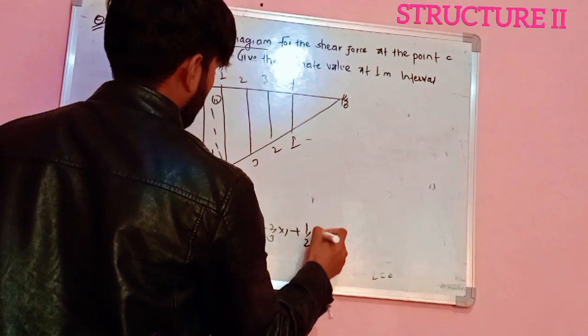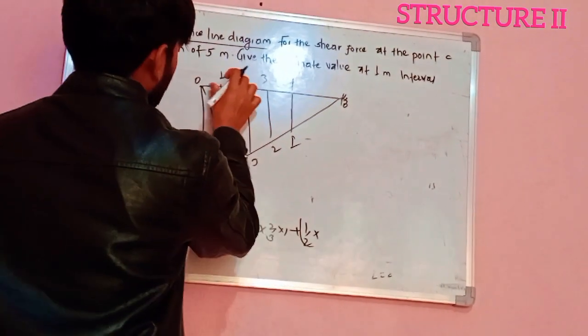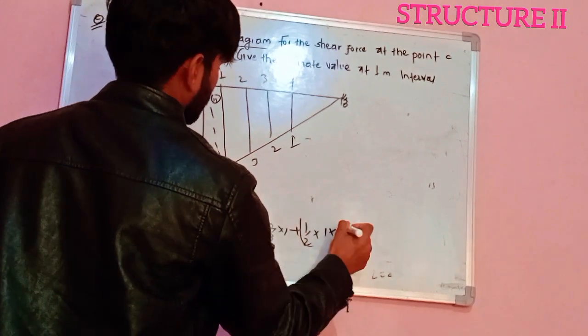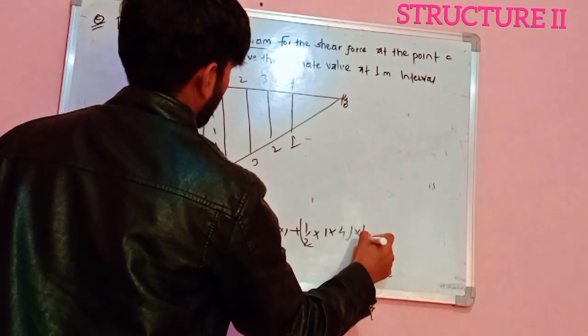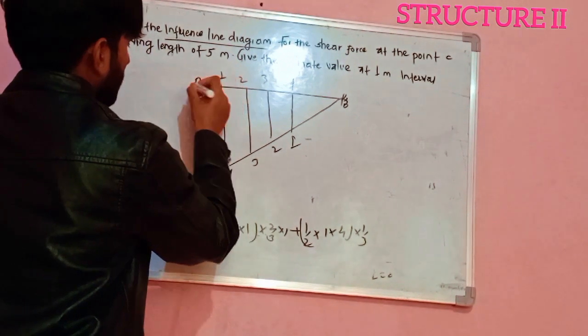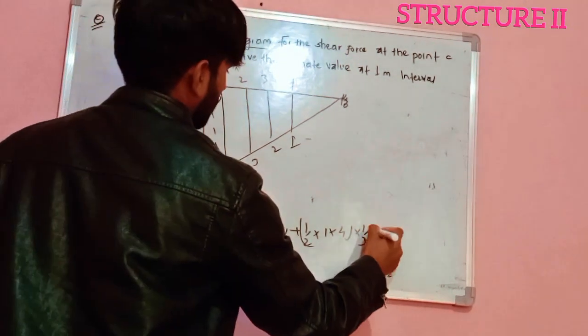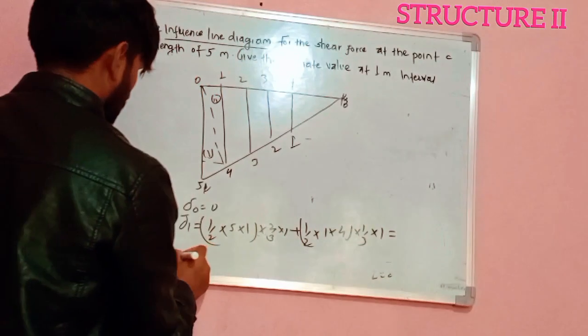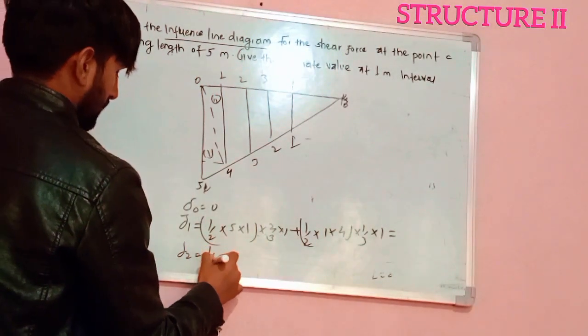For the upper triangle, 1 by 2 into base, I'll consider this 1, into height, I'll consider this 4, into 1/3 only. From this point, you will get the CG at 1/3 of 1. D2 you will get similarly.